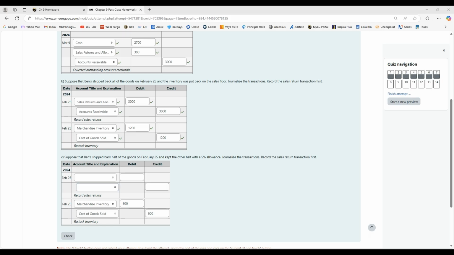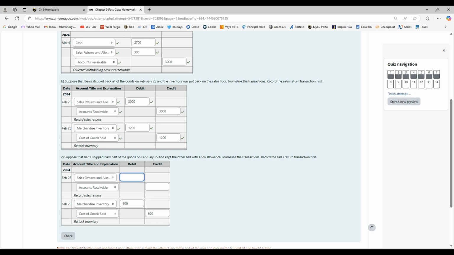But then we're going to want to do something different. If we had not offered a discount, we would have just done the same entry above and said 1,500 instead of 3,000. So sales returns and allowances, and then accounts receivable goes down. But the amount that it's going to go down is not 1,500, but instead, what is it? 1,500 times 0.95.